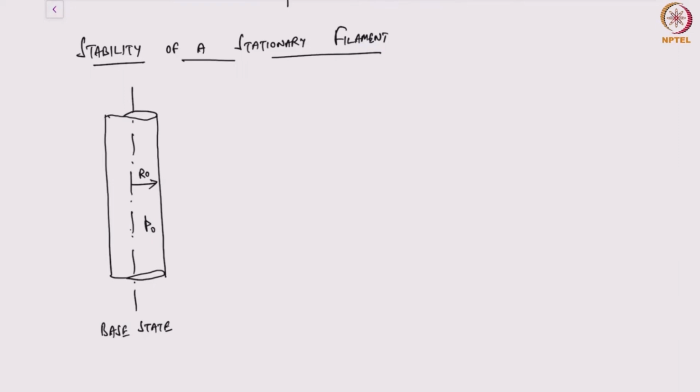The first step is to introduce a perturbation, but because this is a filament, I can actually apply the perturbations to the surface of the filament. Okay, it's easy to think of perturbations to the filament boundary rather than to the velocity. So let's look at the filament boundary. I can think of two kinds of perturbations. Let me first draw the axis here.